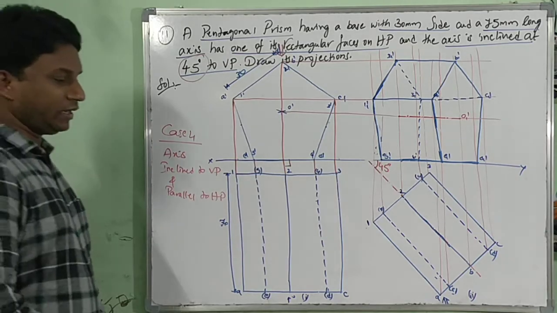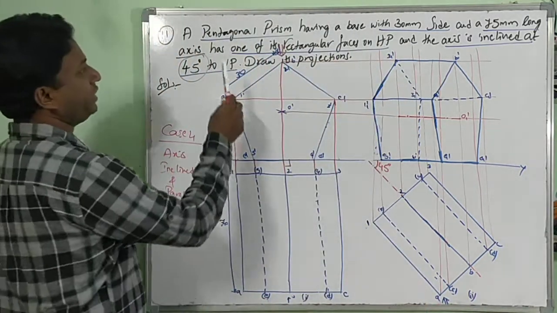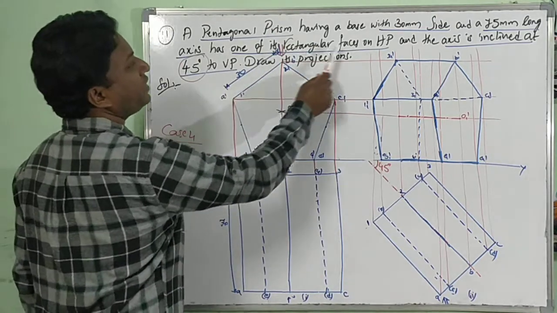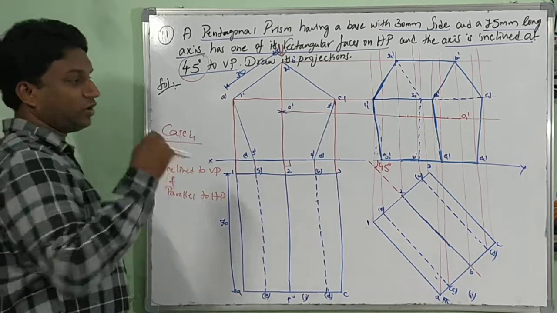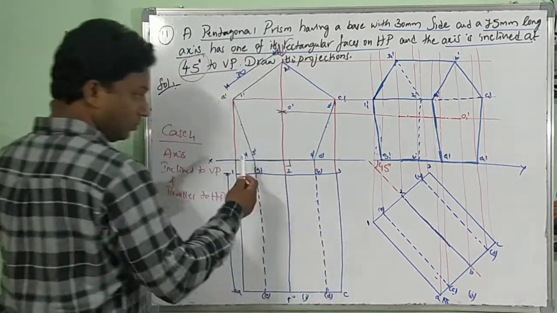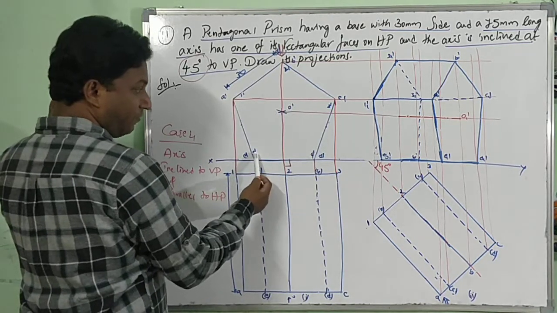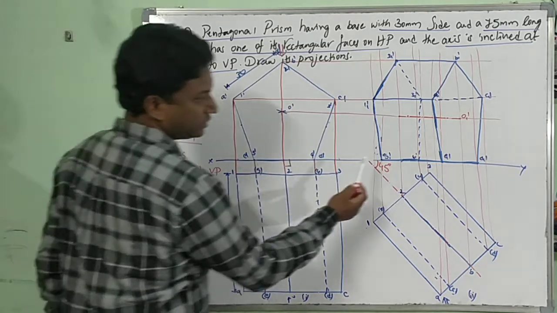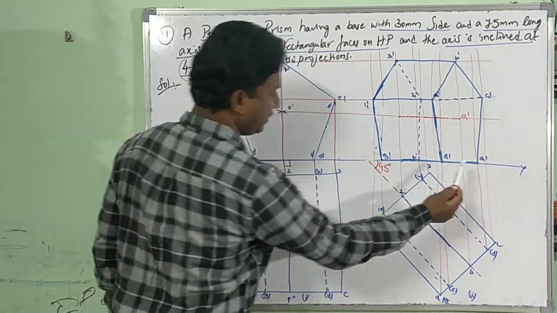See, I have not done anything special. As per the question, see the conditions we have satisfied. Has one of its rectangular faces on HP. What is the rectangular face on HP? See, this is the rectangle face, the bottom rectangle face: 5 dash 4 dash D dash E dash, 5 dash 4 dash E1 dash D1 dash.